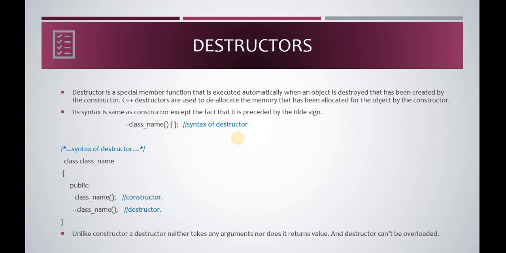In the destructor, whenever the object goes out of scope, whatever memory is assigned to that object is automatically released. That's the advantage of a destructor. You can also explicitly deallocate other pointers which you have created in the destructor.